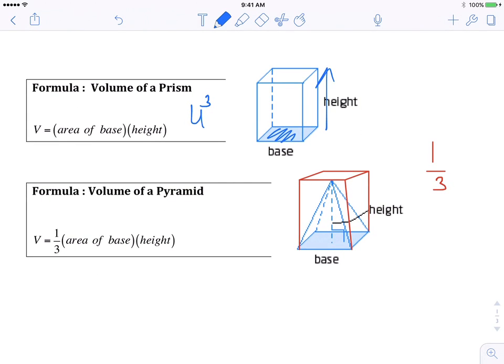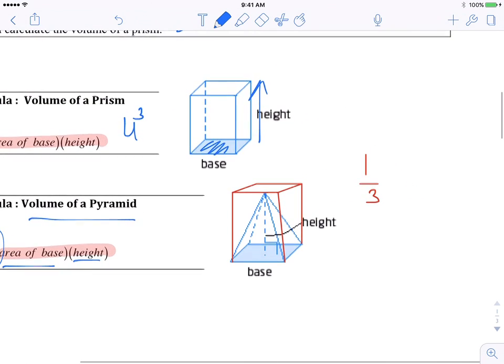Now the formula for the volume of a pyramid is a little bit different. This is 1/3 the area of the base times the height. So you notice how they both share area of the base times height, but then here we have 1/3. And I try to show you here on the right hand side why that is.